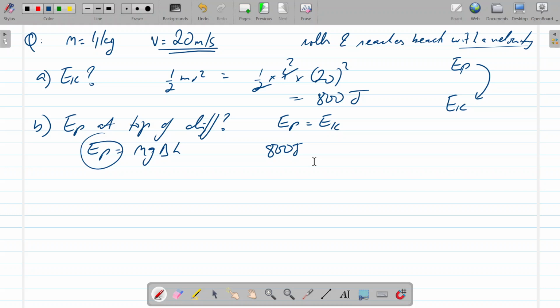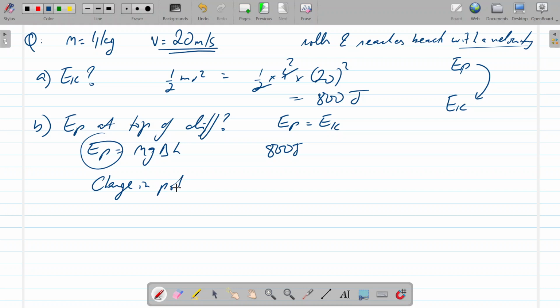So what they're asking is, basically that's all you have to write. Change in potential energy equals kinetic energy of the boulder as it lands. You put that in words, right?